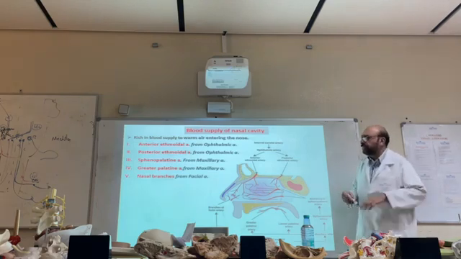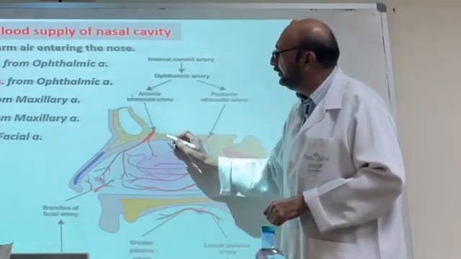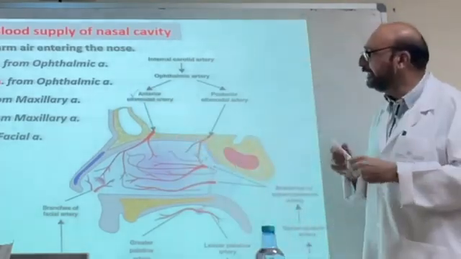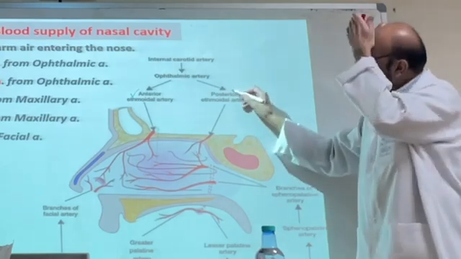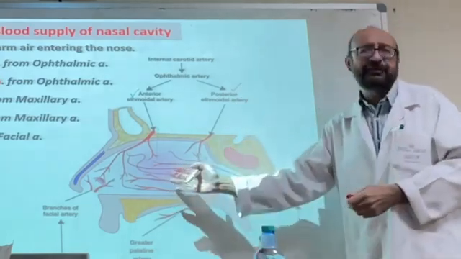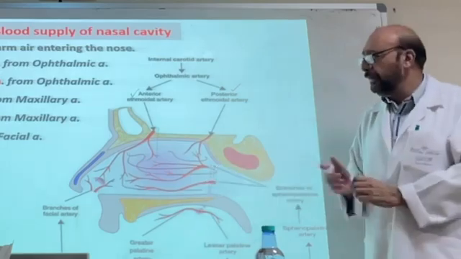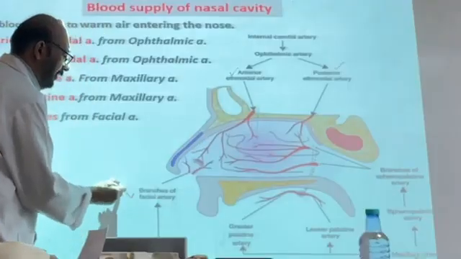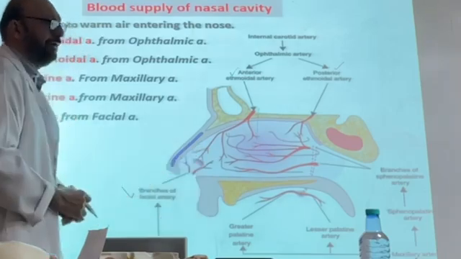Okay? So, the first is the anterior ethmoidal artery, this region. Anterior ethmoidal artery. Then we have a posterior ethmoidal artery. It's very easy. They are anastomosing branches. Then we have an artery from the facial artery.